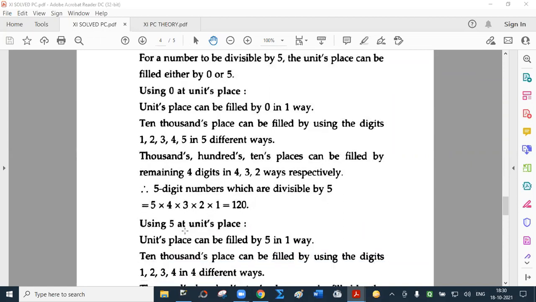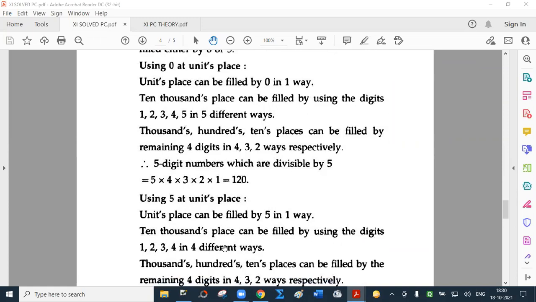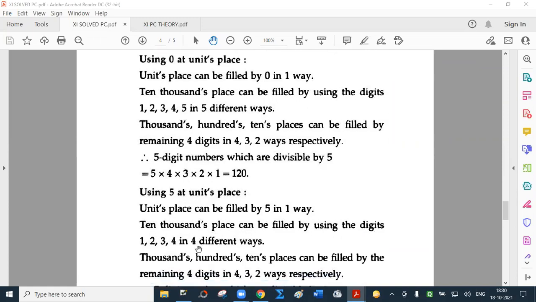Then using 5 at units place. So in that case, 10,000s place cannot be filled in 5 ways because 0 cannot occur there. So 10,000s place can be filled in 4 ways. Now we are left with 4 digits because out of 6, 2 are utilized.